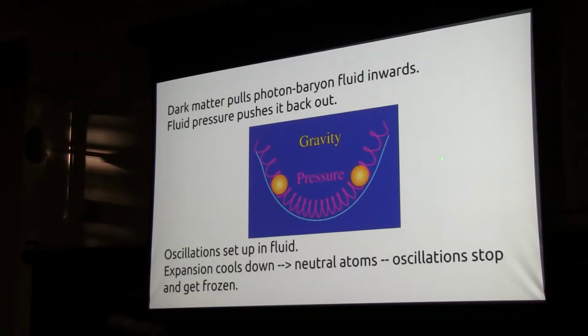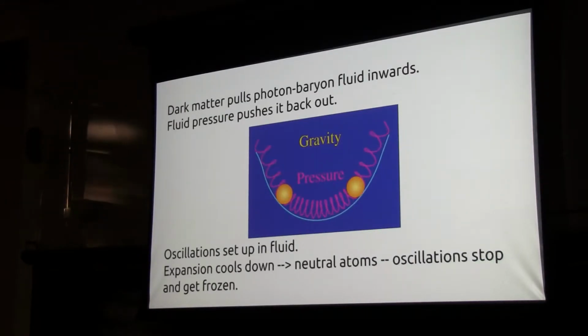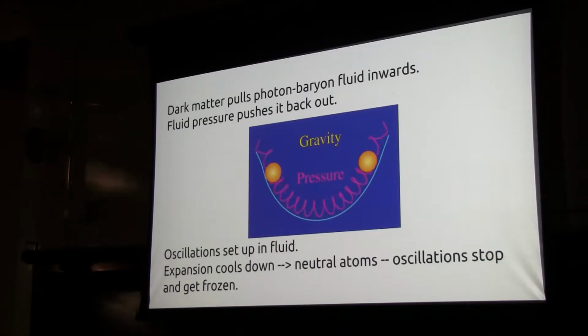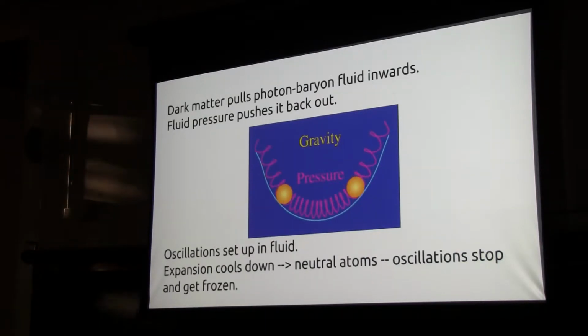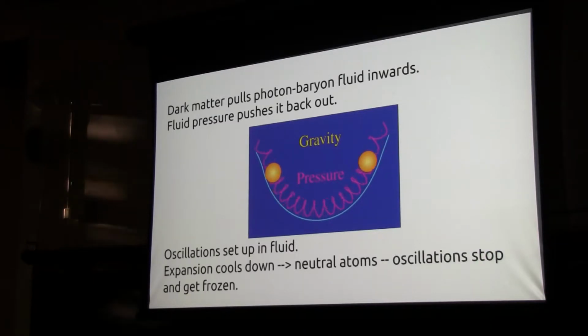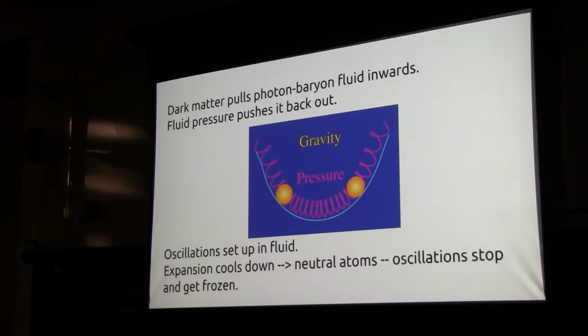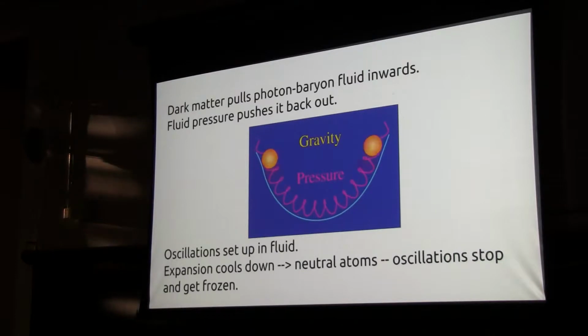But once the baryons and the photons start getting mushed up together, they develop pressure. Because these particles are charged, they start repelling each other. So you have a fight between the pressure of the baryon-photon fluid, which is trying to push it apart, and gravity, which is trying to pull it together. What it ends up doing is slushing back and forth around these low densities. So these oscillations get set up in the fluid.